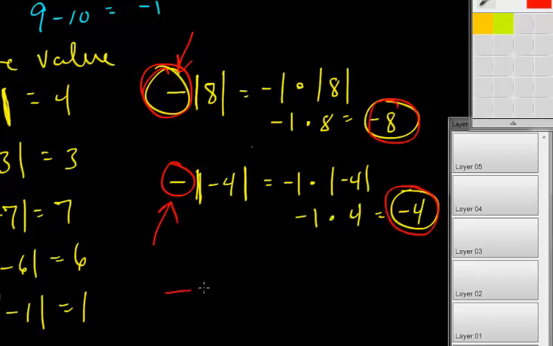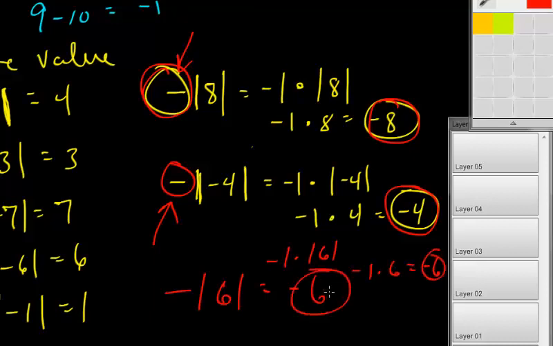So even if it's positive inside like that, it's still -6. And the reason why, one more time, is it's -1 times the absolute value of 6, which is -1 times +6, which is -6.